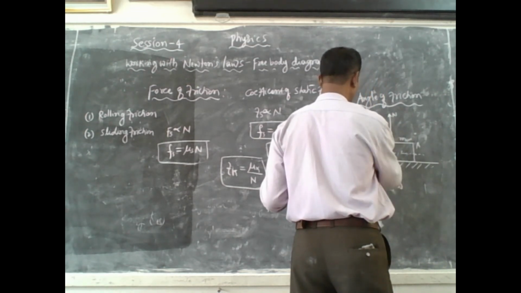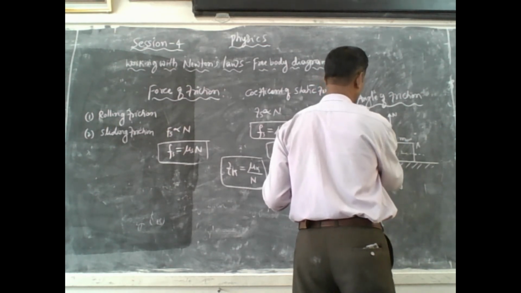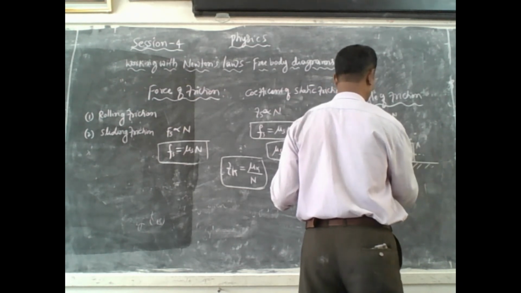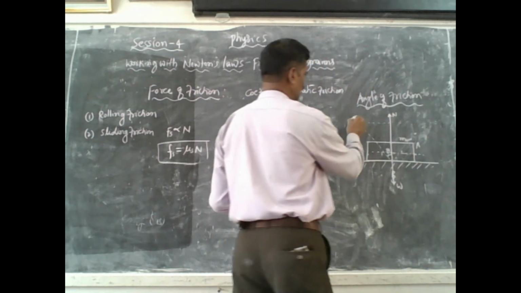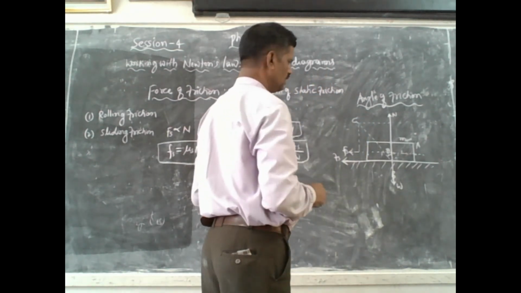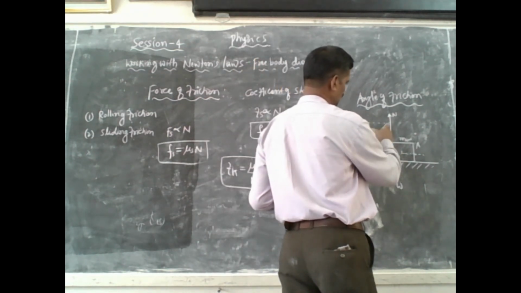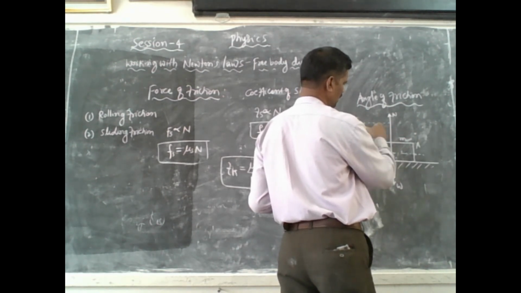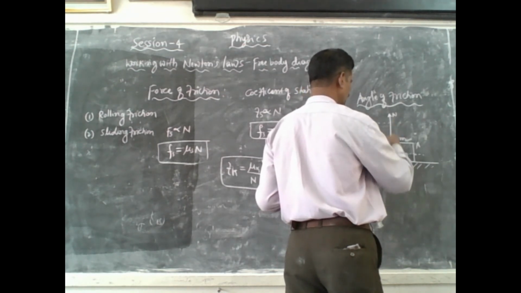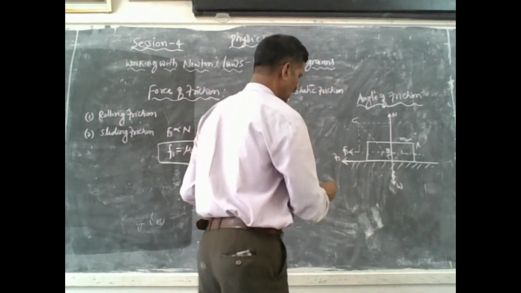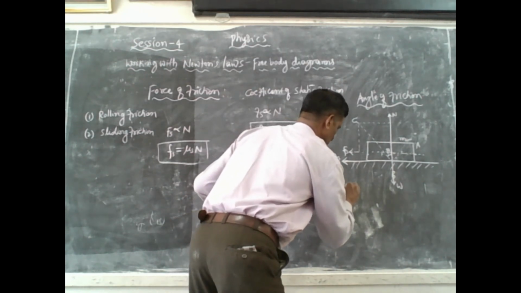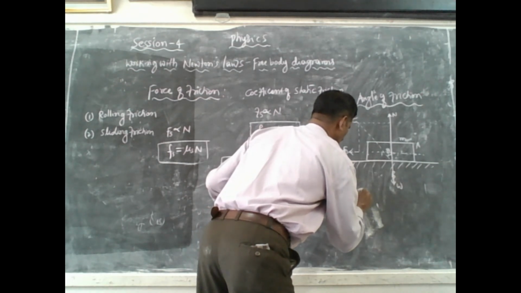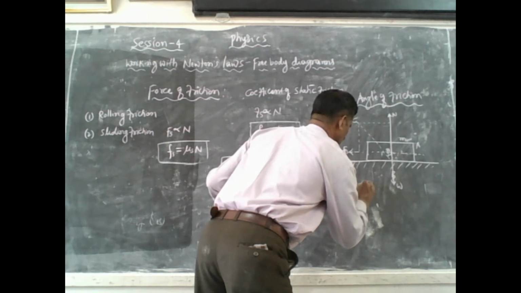But tan theta, theta develops, and this point we can call C. Therefore, along the base there is a friction, and along the perpendicular there is a normal reaction. Therefore, tan theta is equal to mu s.